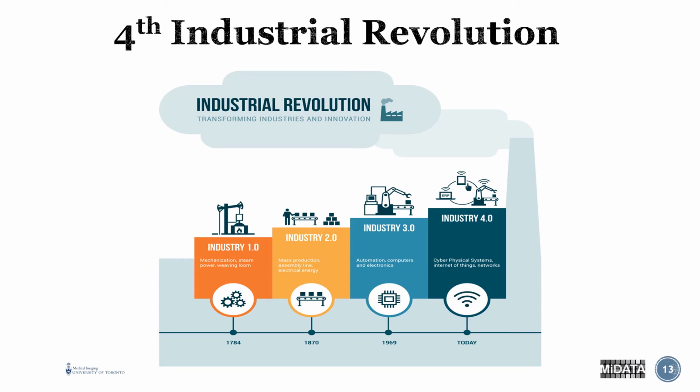So today, though, we're looking at the fourth industrial revolution, and this one is going to be basically the internet and networking. So it's going to be communication. So it's the Internet of Things, the network, and what's called cyber physical systems, which is just describing our current phase of the industrial revolution.